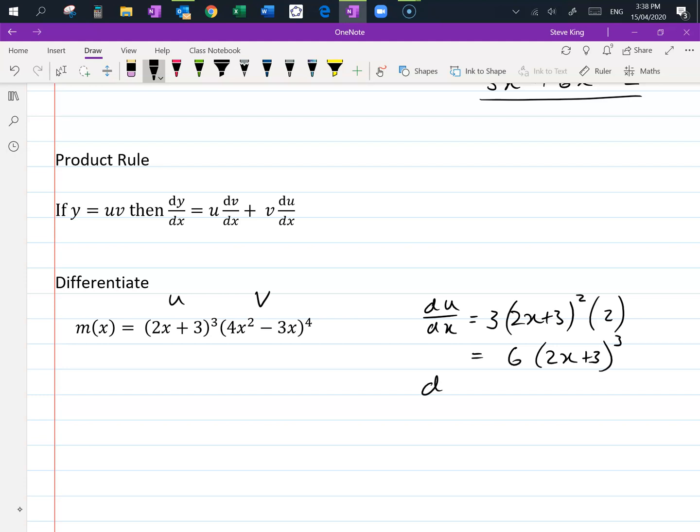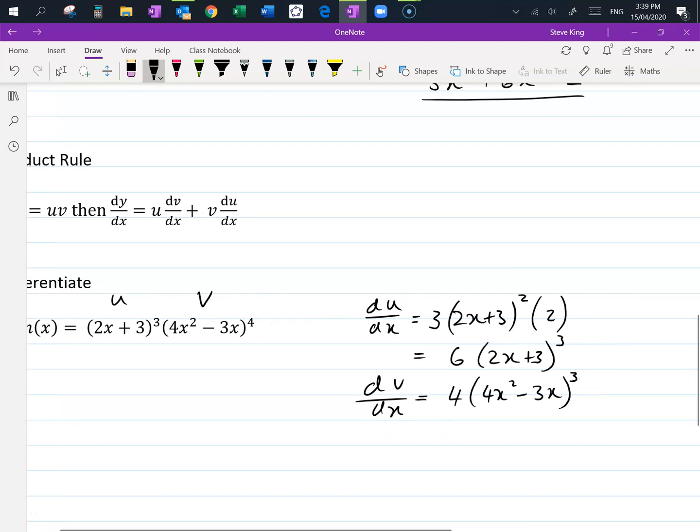If I look at the derivative dv dx, in a similar sort of way, I'm going to get 4. No, it must be 4 times (4x squared minus 3x). It's going to be raised to the power 3. And the derivative of what's inside the bracket is going to be 8x minus 3.